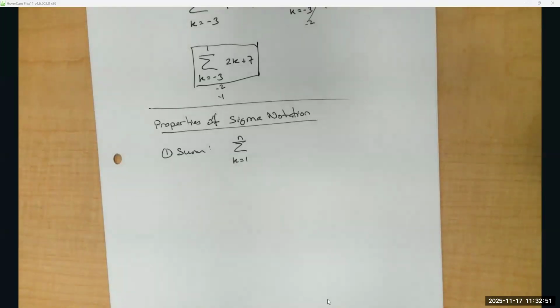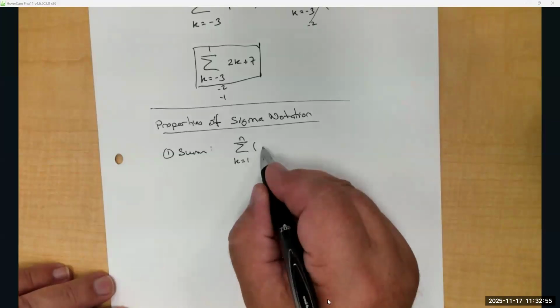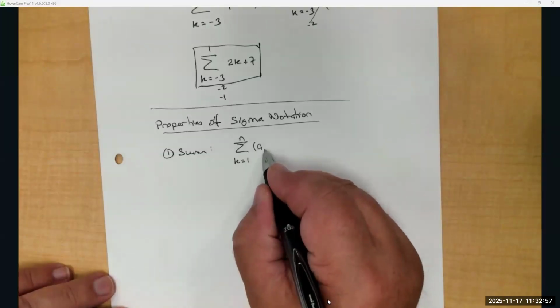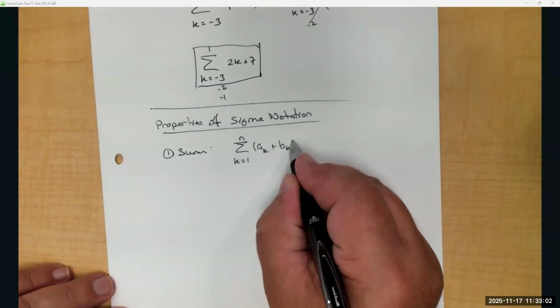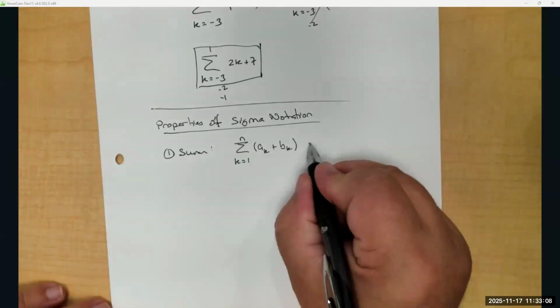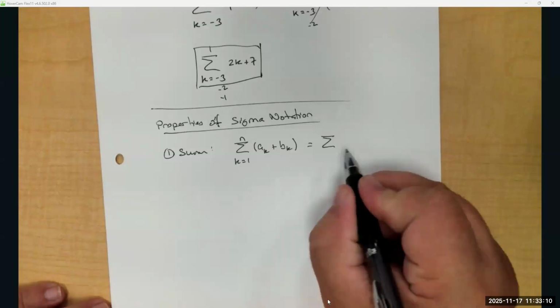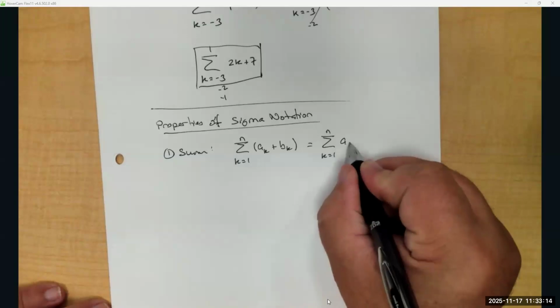I had a summation from k equals 1 to n of two terms, a sub k plus b sub k. That's the same thing as taking each one separately.